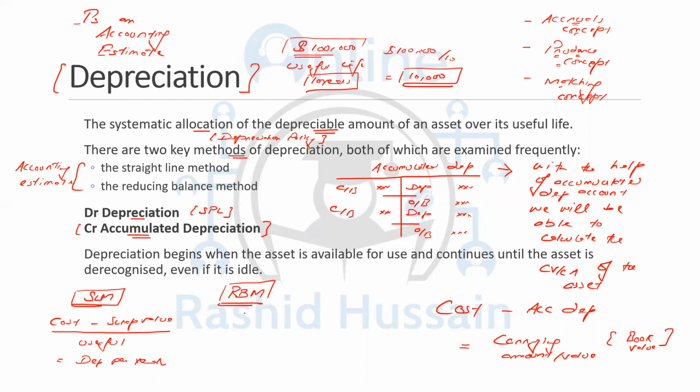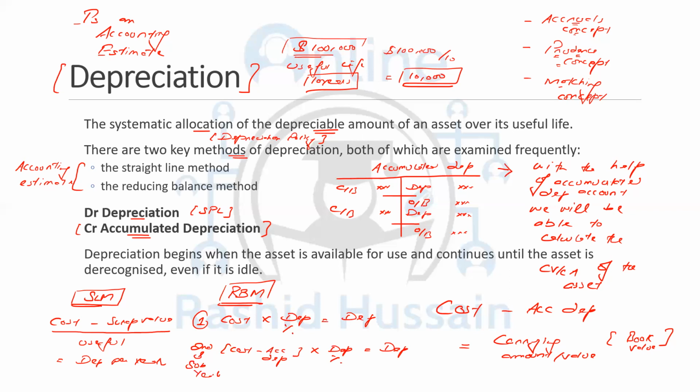Then we are going to choose the reducing balance method. In the reducing balance method, you take the cost of the asset, and you multiply it by the depreciation percentage. You get the depreciation. This is for the first year. In the second and subsequent years, you're going to multiply the depreciation percentage on the carrying value. Take the cost minus its accumulated depreciation, and then you multiply by the depreciation percentage to get the depreciation of the second and the subsequent years.